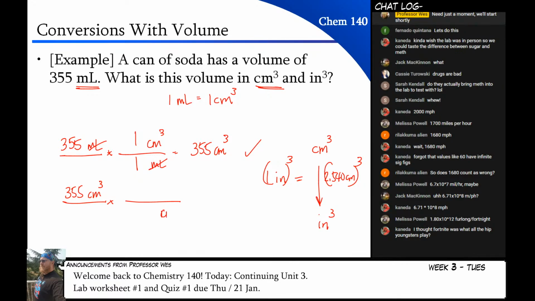Here's the one-dimensional conversion, and then cube everything. So this centimeters right here will become centimeters cubed once those three are raised to the proper exponent. I would then cancel out this centimeters cubed with this centimeters cubed, and my units would cancel out, leaving only inches cubed.